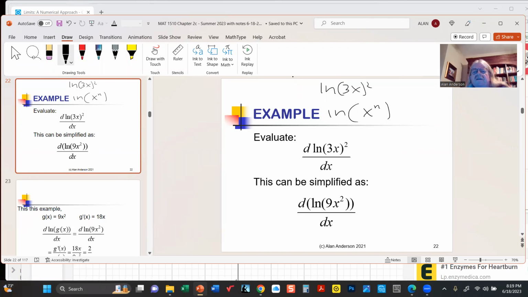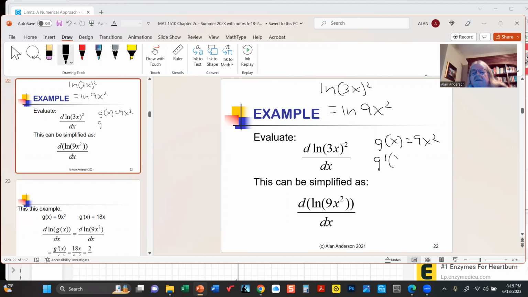We could do one of two things. Why don't we just do this? Just to keep it simple, we could just recognize that this is the same thing as 9x squared. Okay, 3x, the entire quantity squared is just 9x squared, so you might as well just use it. Now, that means that g of x is 9x squared.